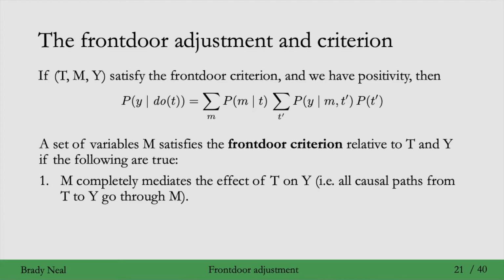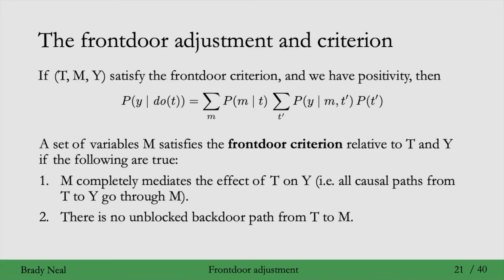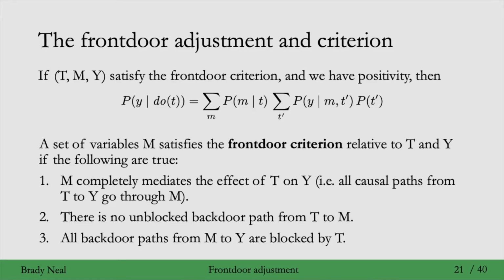So in other words, all causal paths from t to y go through m. M is a full mediator of the effect of t on y. 2, there is no unblocked backdoor path from t to m. This was key in step 1. And 3, all backdoor paths from m to y are blocked by t. This was key in step 2.